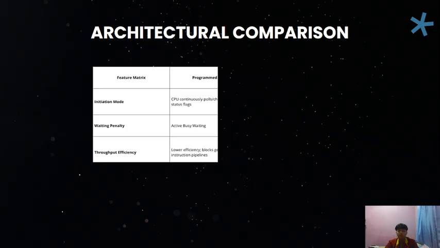In direct memory access, or DMA, data can move directly between memory and device without constant CPU involvement. Therefore, interrupt-driven I/O and DMA are generally more efficient than programmed I/O.